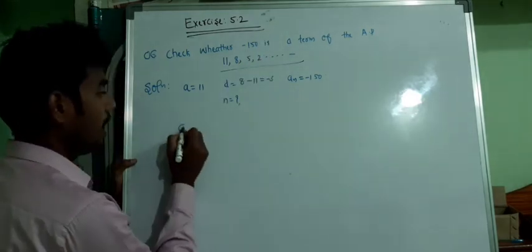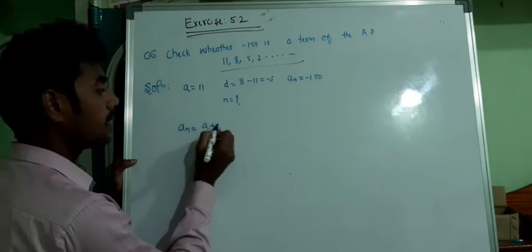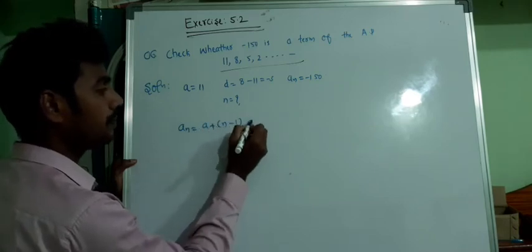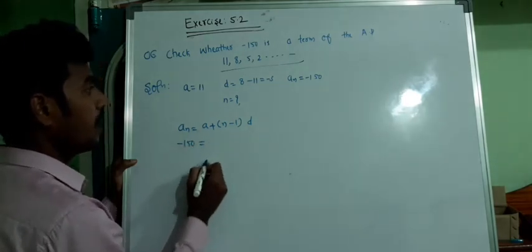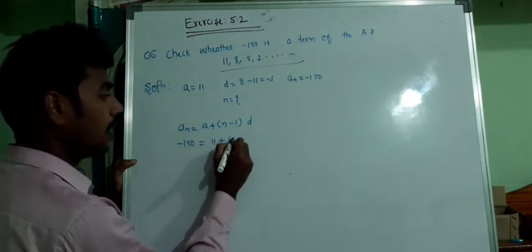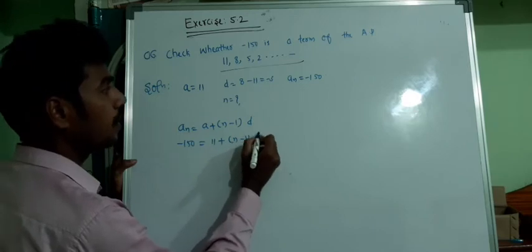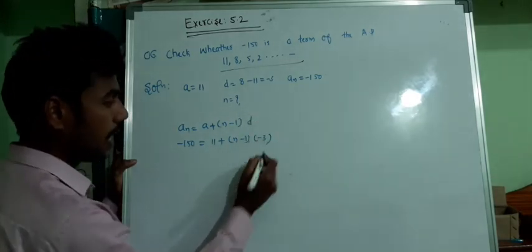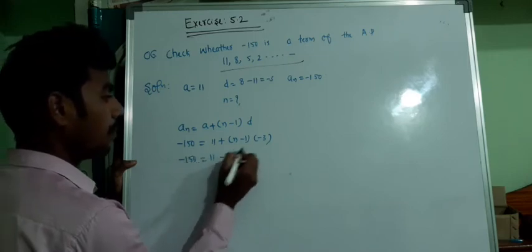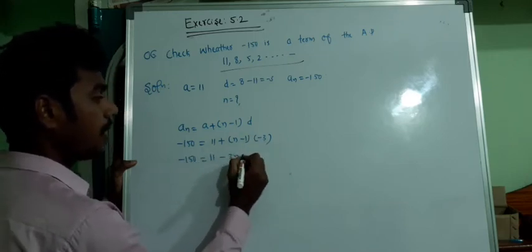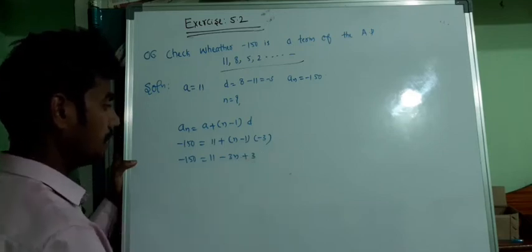That is AN is equal to A plus n minus 1 into D. What is AN? Minus 150. What is A? 11, plus n I need to calculate, D is minus 3. Now minus 150 is 11 minus 3n, minus into minus plus 3.